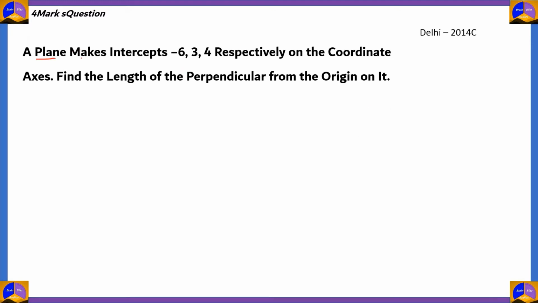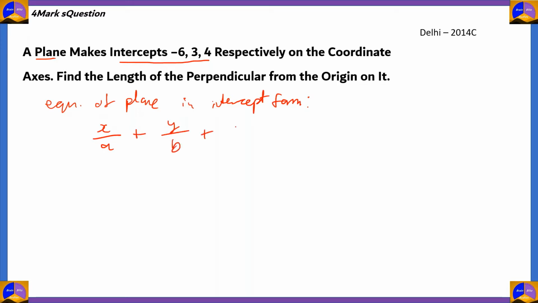So a plane makes an intercept, and the coordinates of the intercept are -6, 3, and 4. So let's write the equation of the plane in intercept form. And that is x by a plus y by b plus z by c is equal to 1.